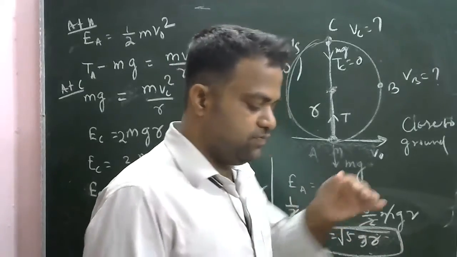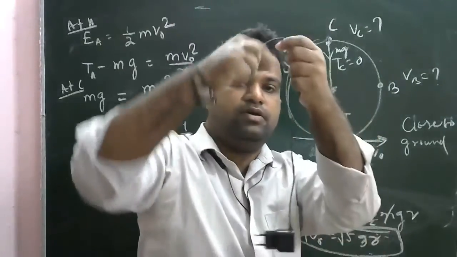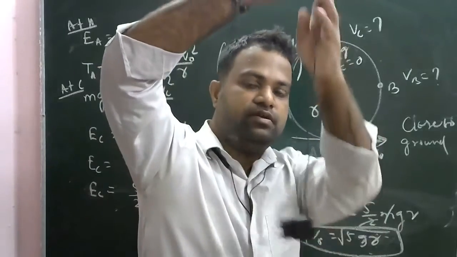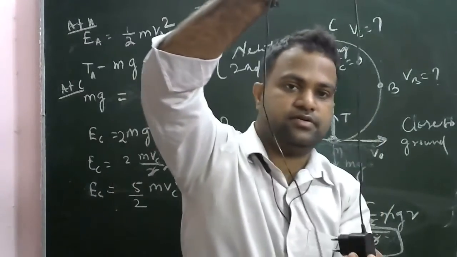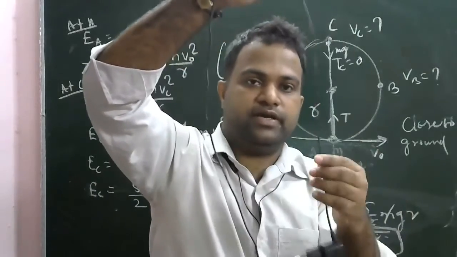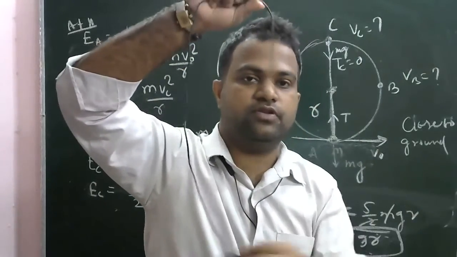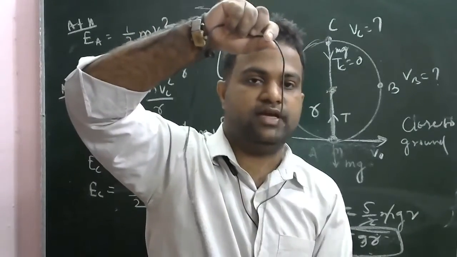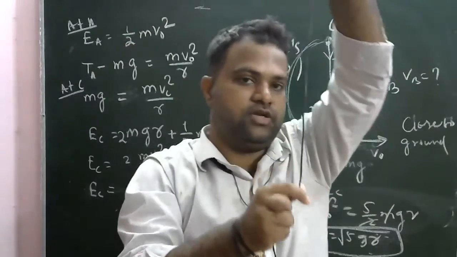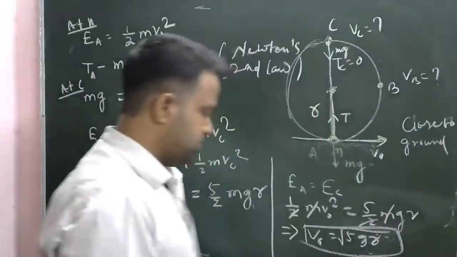So if the length of this wire is half meter, whatever the mass may be, if we throw it with 5 meter per second, then it will go up to position C. So it is independent of the mass.